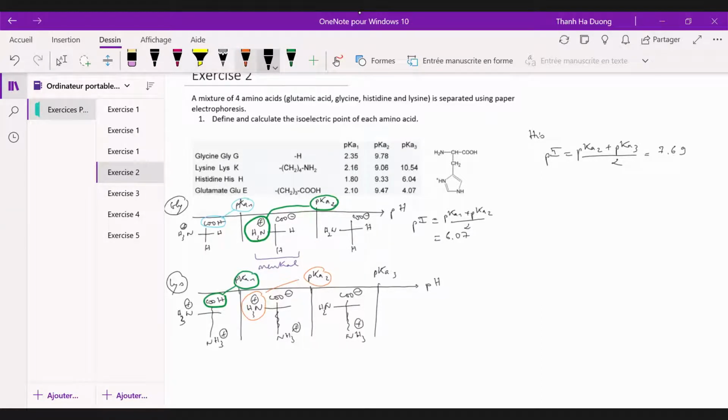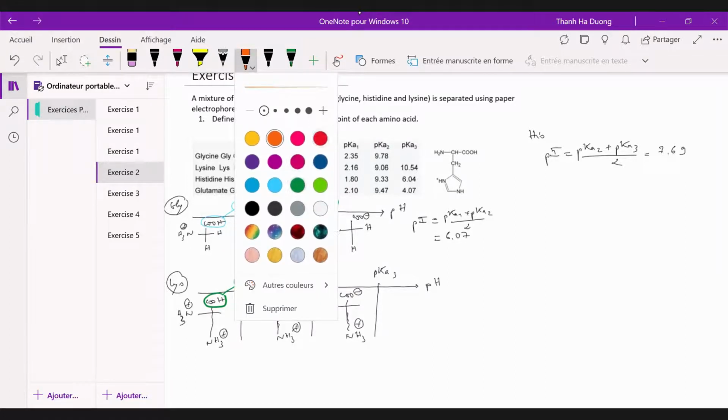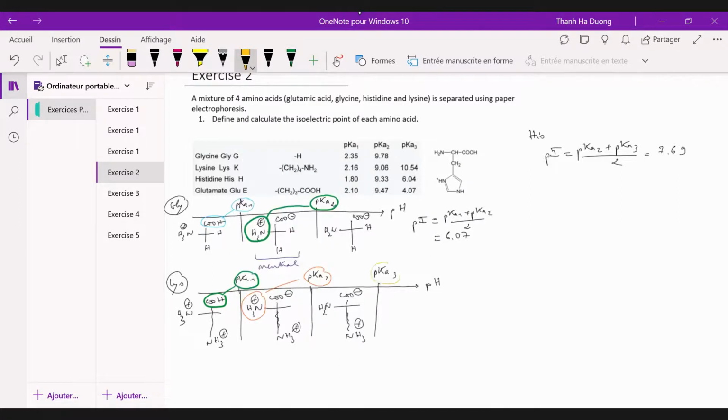And the last one corresponds to this. So it will be neutral.